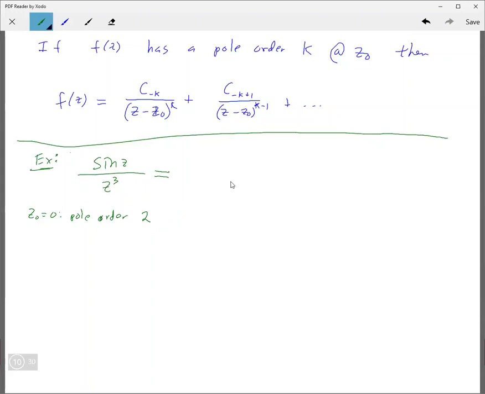Okay, this is not a good example, because this one you would probably do this way. You would probably just take out 1 over z cubed. Sine z is z minus z cubed over 3 factorial plus z to the 5th over 5 factorial, and so on, right? And then you would distribute the 1 over z cubed, and your lead off term would be 1 over z squared.